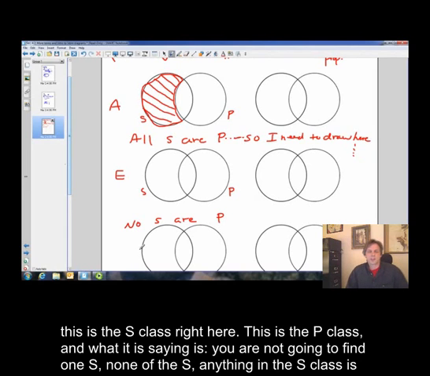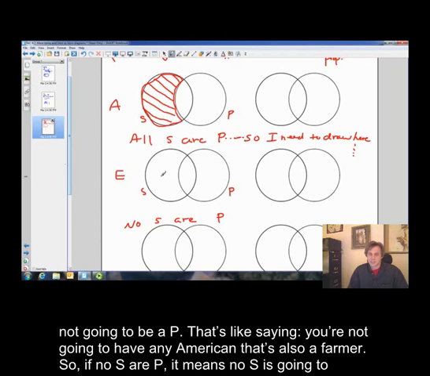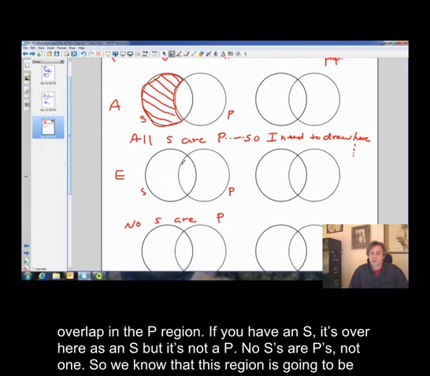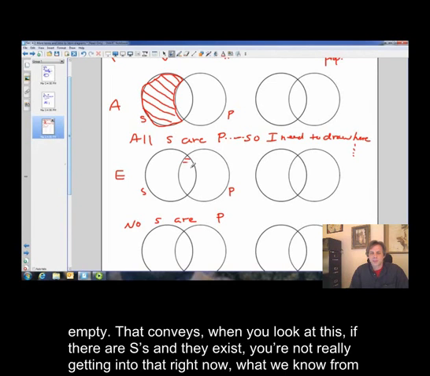What it's saying is you are not going to find one S, none of these S, anything in the S class is not going to be a P. That's like saying you're not going to have any American that's also a farmer, right? So if no S are P, that means no S is going to overlap in the P region. If you have an S, it's over here as an S, but it's not a P. No S's are P's, not one. So we know that this region is going to be empty. Okay?